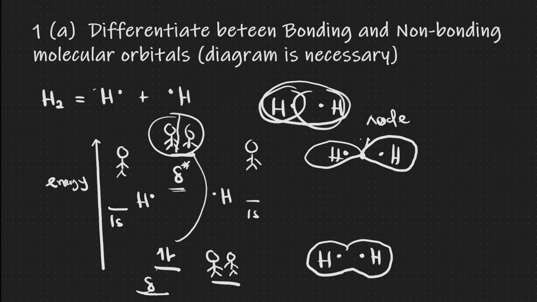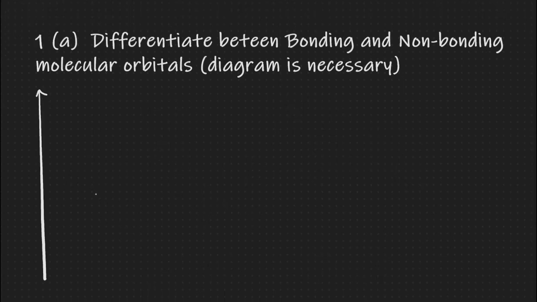So with this explanation, let's now answer our question. With the little understanding we've gained from the analogy, the question says we have to use a diagram, right? So we're going to use the hydrogen atom as an example again.